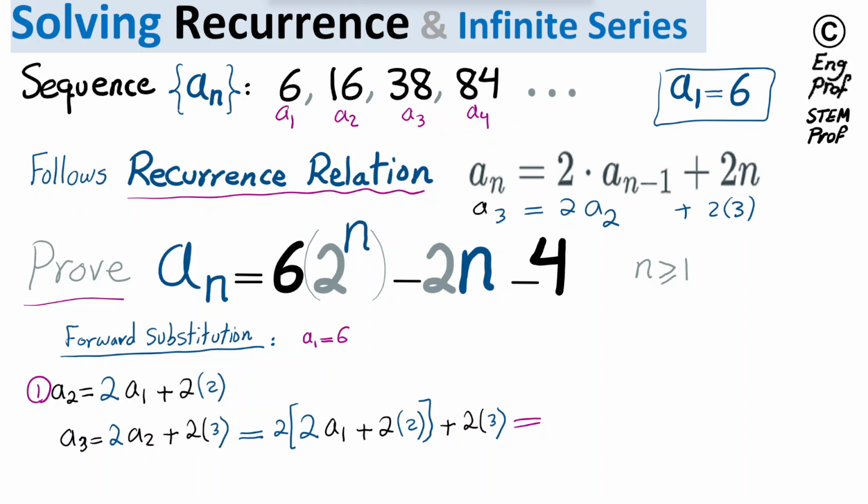So basically what I'm trying to say, we found that a3 in equation 2 is equal to, so obviously 2 times 2 will give us 2 to the power 2. So I am going to write 2 to the power 2, and then a1 as it is. So a1, and we have 2 times 2, which will give us another 2 to the power 2, but this time multiplied by 2.